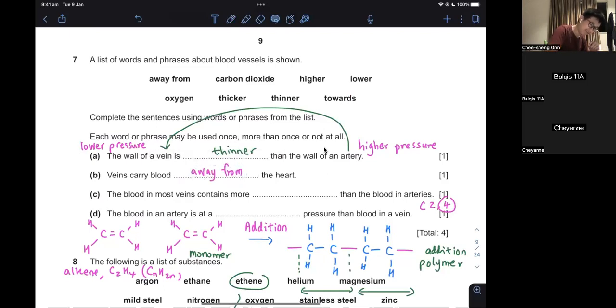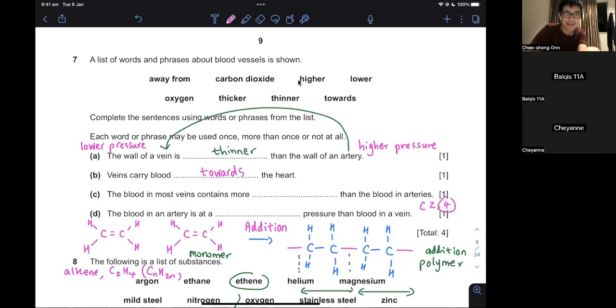Okay, so the veins carry blood away from the heart. Are we sure this is thinner then? It should be towards the heart. It should be towards the heart, is it? Sorry, I don't know.